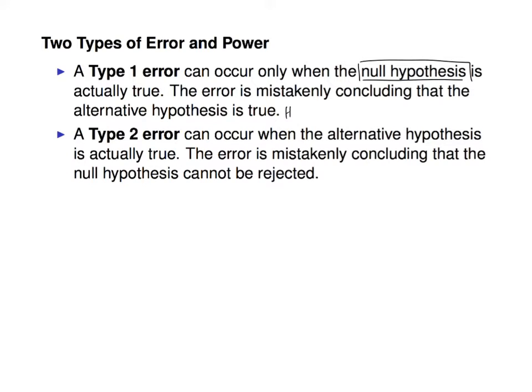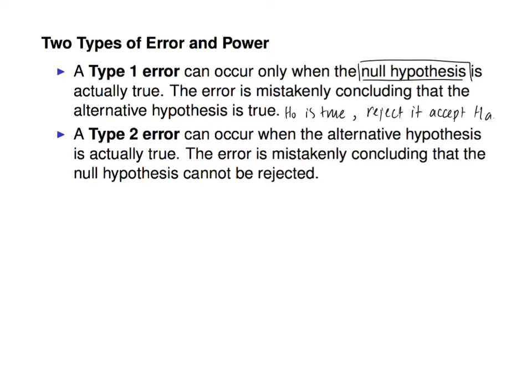So H naught is true, and the mistake that you make is that you reject it and accept HA. So suppose I had a null hypothesis that quizzing doesn't help test scores, and my HA was that quizzing does improve exam scores. And H naught was true, but I said, oh no, accept HA, and I'm going to give you quizzes, something like that, right?